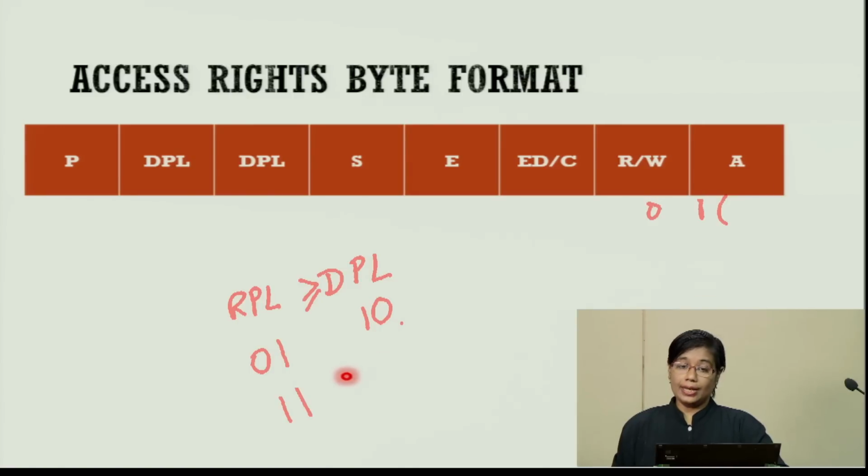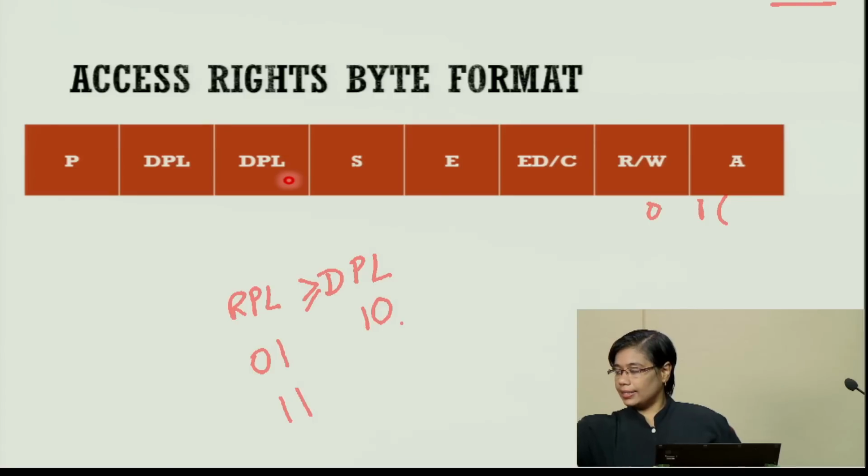So if the RPL is lesser than the DPL, in that case the access to the segment is not going to be allowed. So the RPL is always compared against the DPL value that is present. This is as far as the RPL bits are concerned.